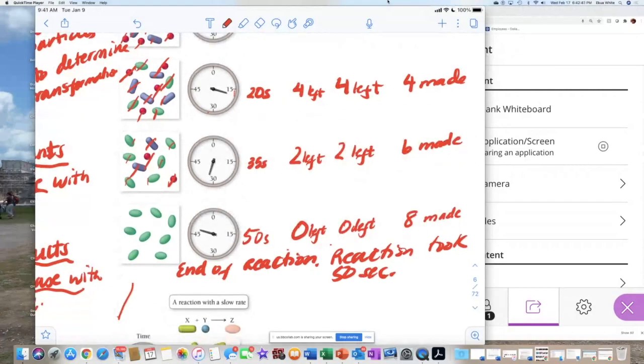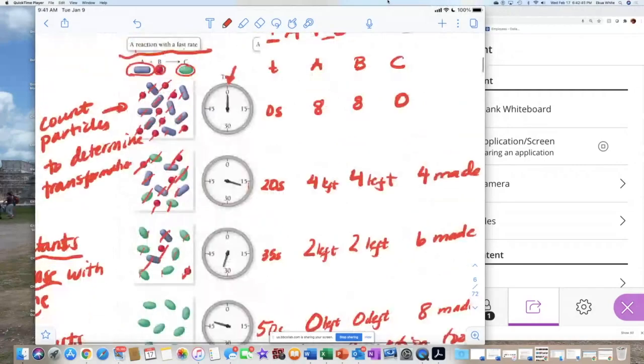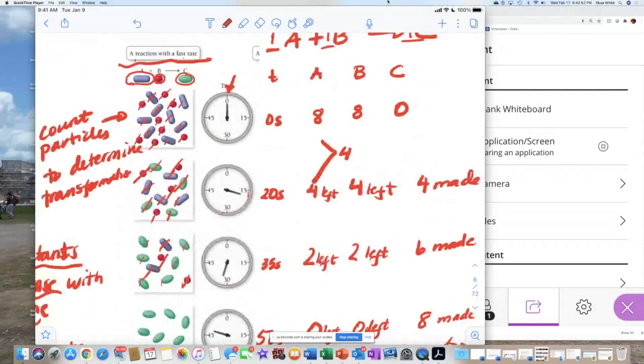And based on the reaction, you can say from here to here, 4 amounts of each reactant reacted, right?